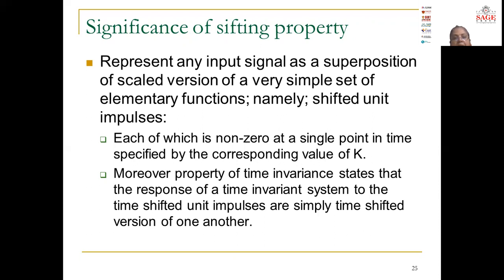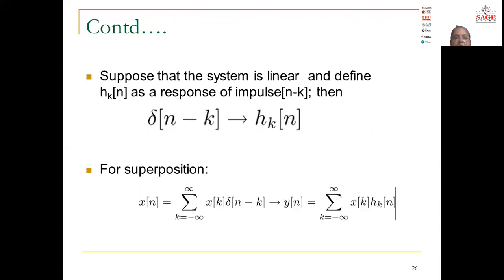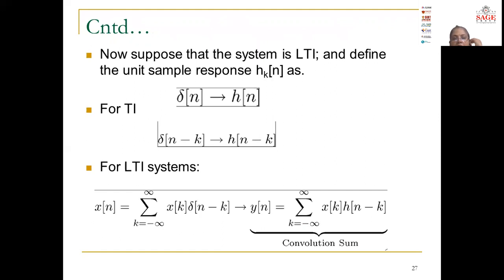Moreover, the property of time invariance states that the response of a time invariant system to time shifted unit impulses is simply a time shifted version of another. This is the property we have shown with the help of the mathematical function, and it applies the superposition theorem.